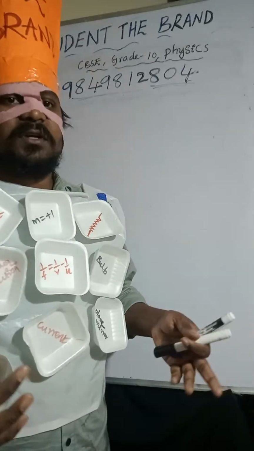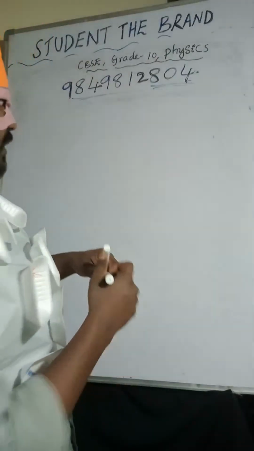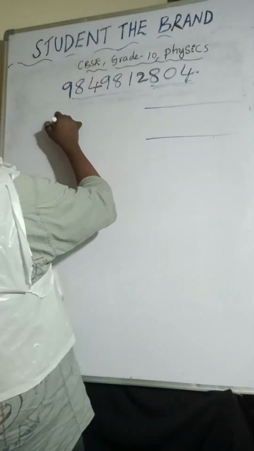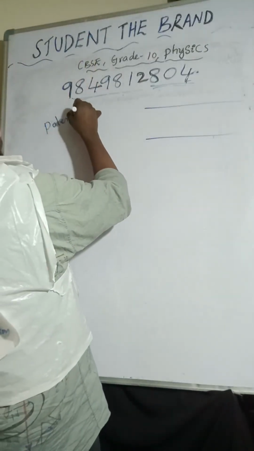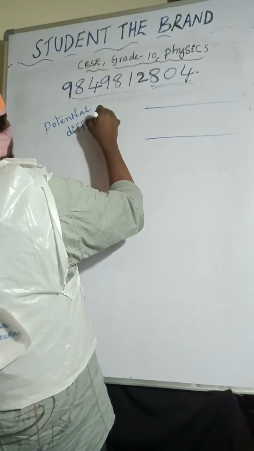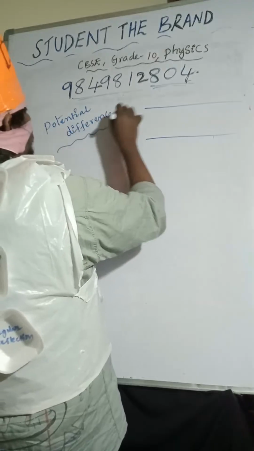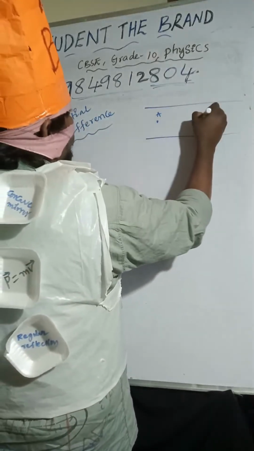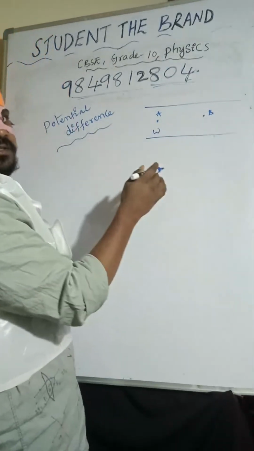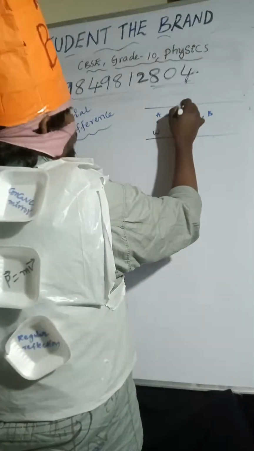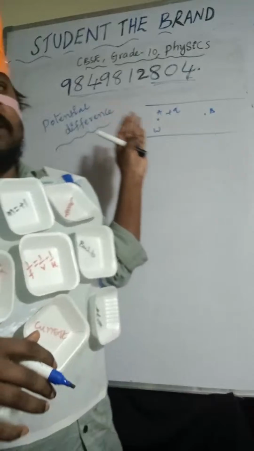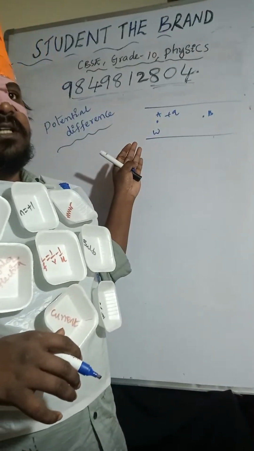So here I am taking this conductor, with point A and point B. We are doing some work to bring a unit positive charge from one point to another within the conductor.